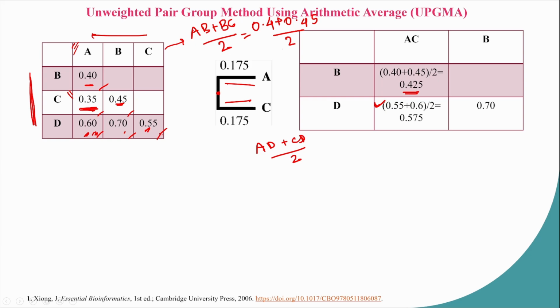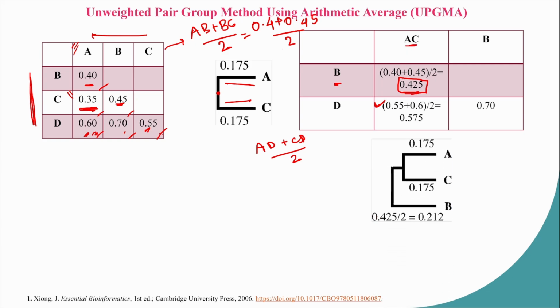Now in this new grid, what is again the lowest value? Here, of course, 0.425 is the lowest value in this grid. So what we have to do in this next step is combine B and AC, this unit. Firstly, before that, we have to put a node between AC as a single unit and B. It can be done this way.